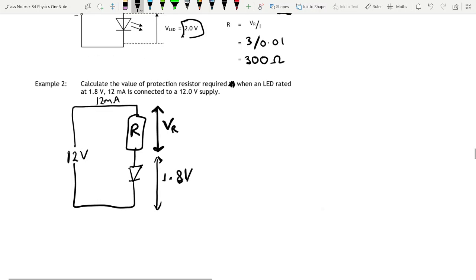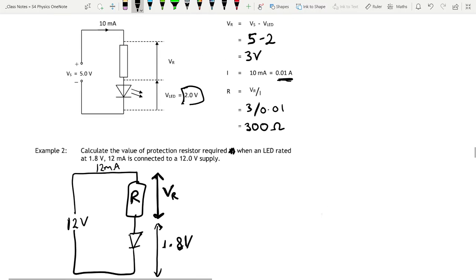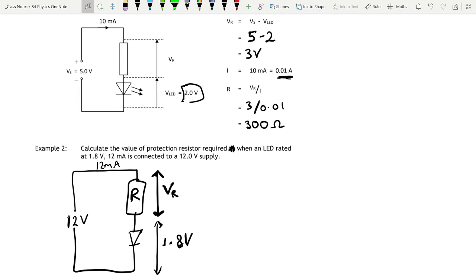So we do the same kind of thing, exact same steps as above. So we first of all want to find the voltage across the resistor, which is the total voltage minus the voltage across the LED. So 12 minus 1.8, and that is 10.2.